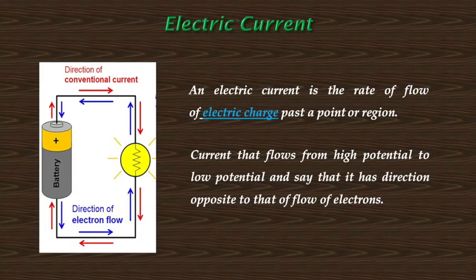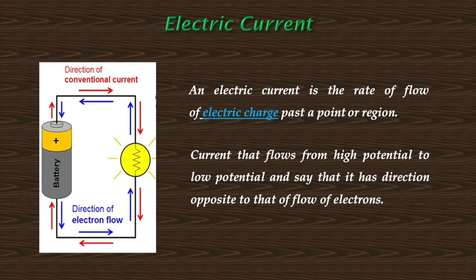Electric current. An electric current is said to exist when there is a net flow of electronic charge through a region. As already discussed, electrons flow from low potential to high potential.